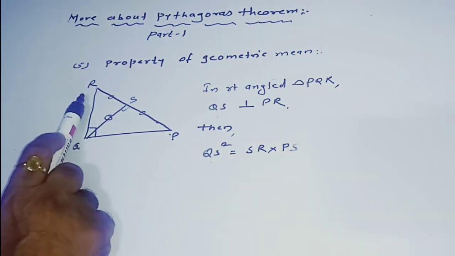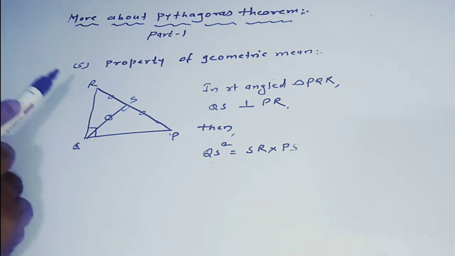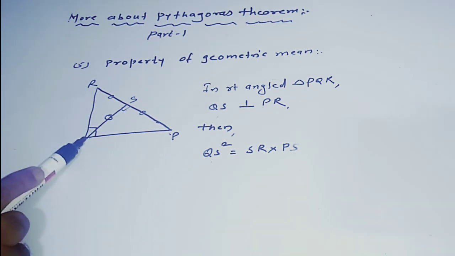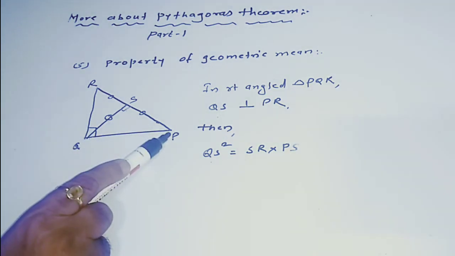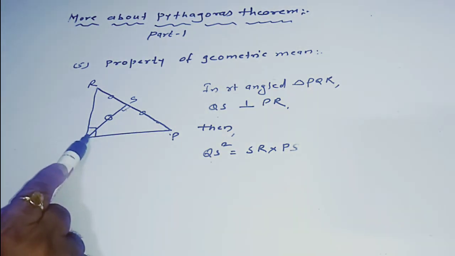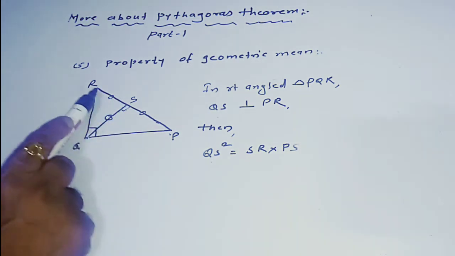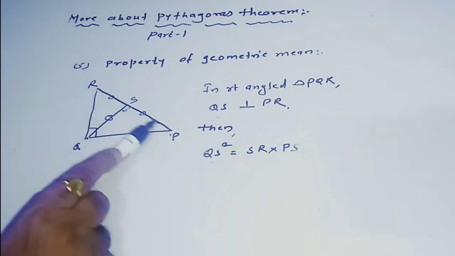Now in right angle triangle PQR, QS is perpendicular to RP.